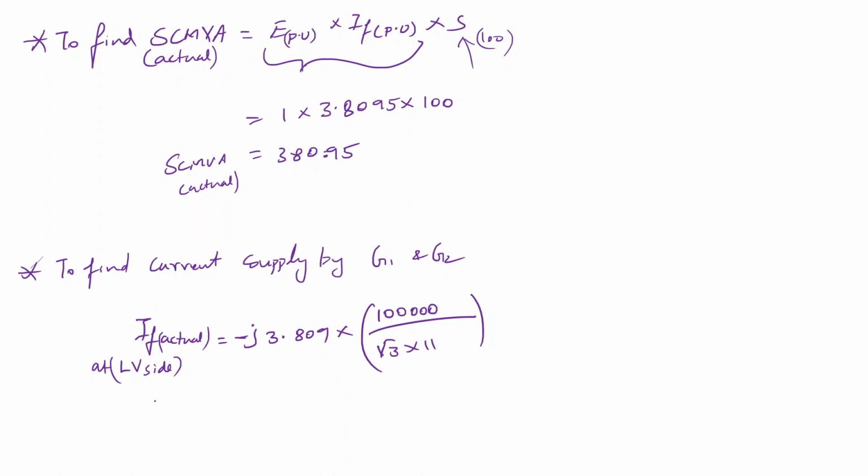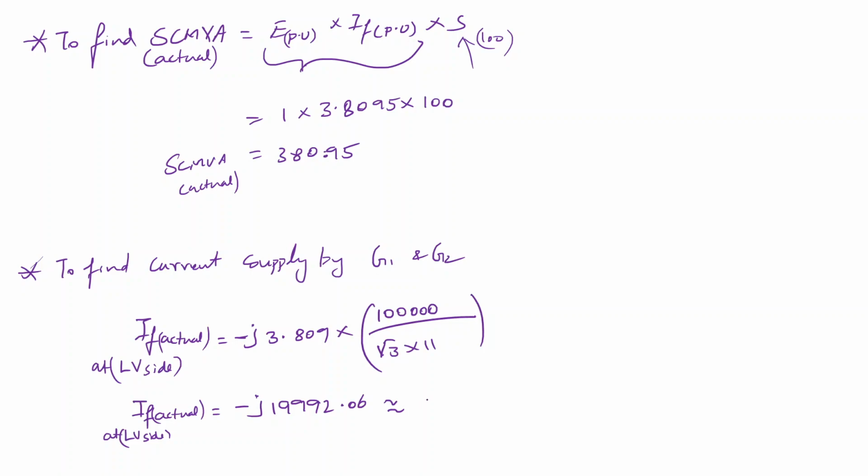Now find out the value of IF actual at LV side. So tell me the value. What is the value? It will be around minus J 19992.06.